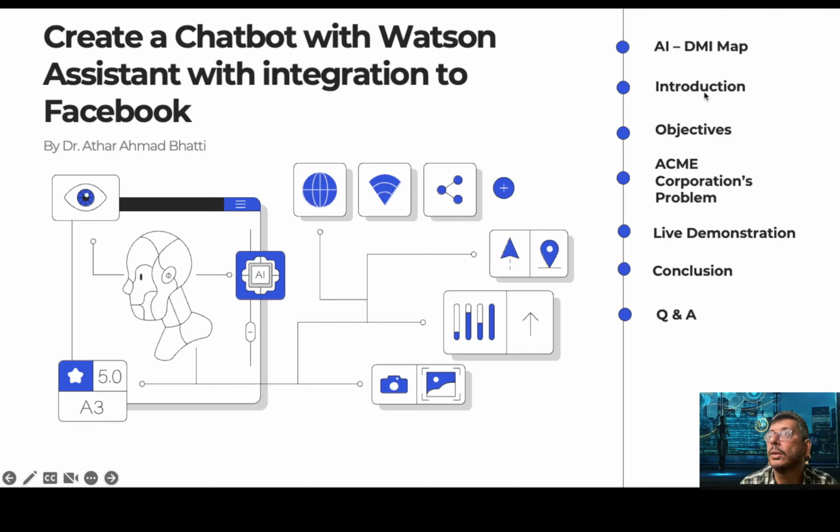Then we will have an introduction to this particular session. I'll cover the objectives. I will then create this fictitious company called ACME. I'll introduce the problem and then do a live demonstration on how a chatbot with Watson and integration with Facebook works, and the conclusion. So let us just start.